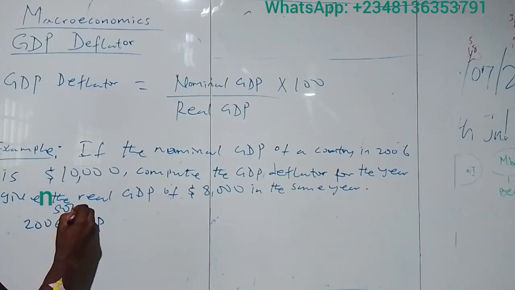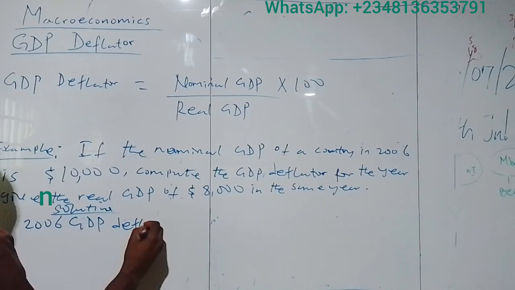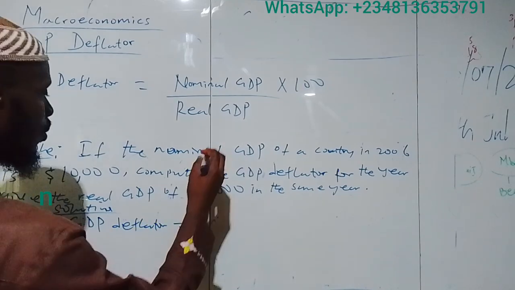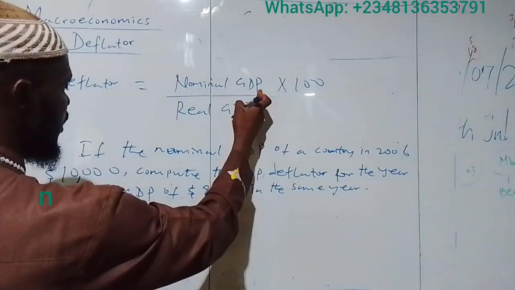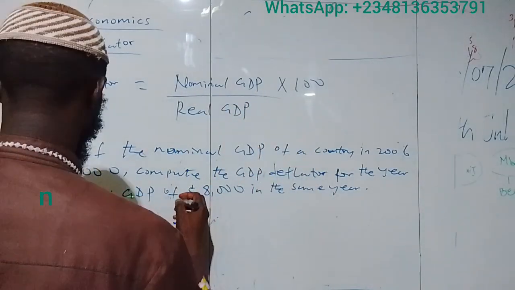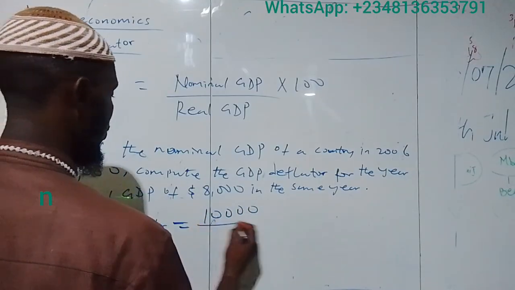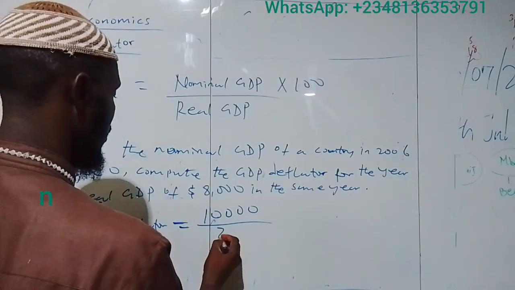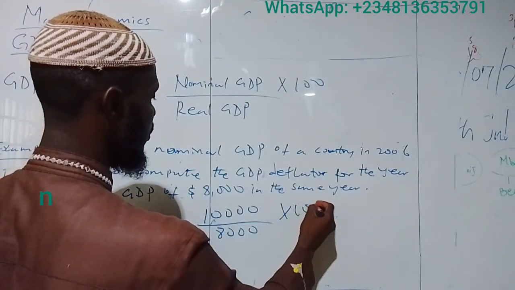Here is the solution. Deflator will be equal to, remember the formula, the nominal GDP. The nominal GDP in this year is equal to 10,000, while the real GDP is 8,000, then multiplied by 100.